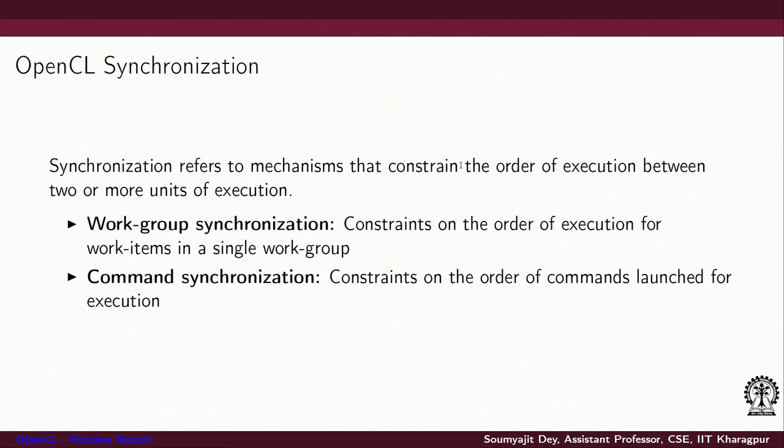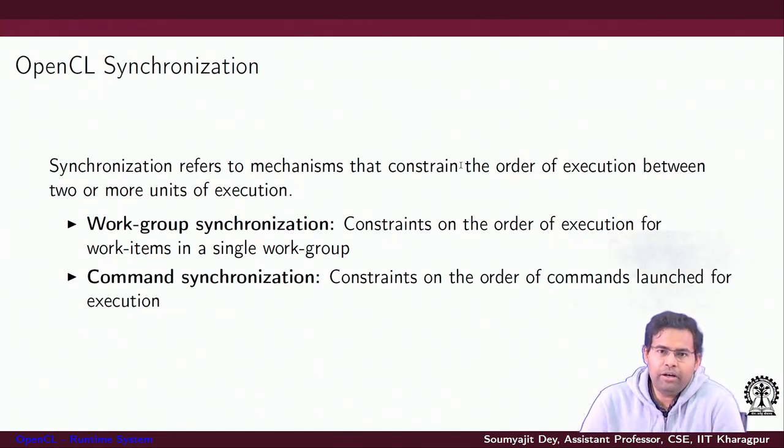Just like in CUDA the synchronization primitive we were primarily using was sync thread, using which we could synchronize among threads inside a thread block, and if we wanted to achieve global level synchronization, that has to be managed through multiple launches of kernels through the host program, right.